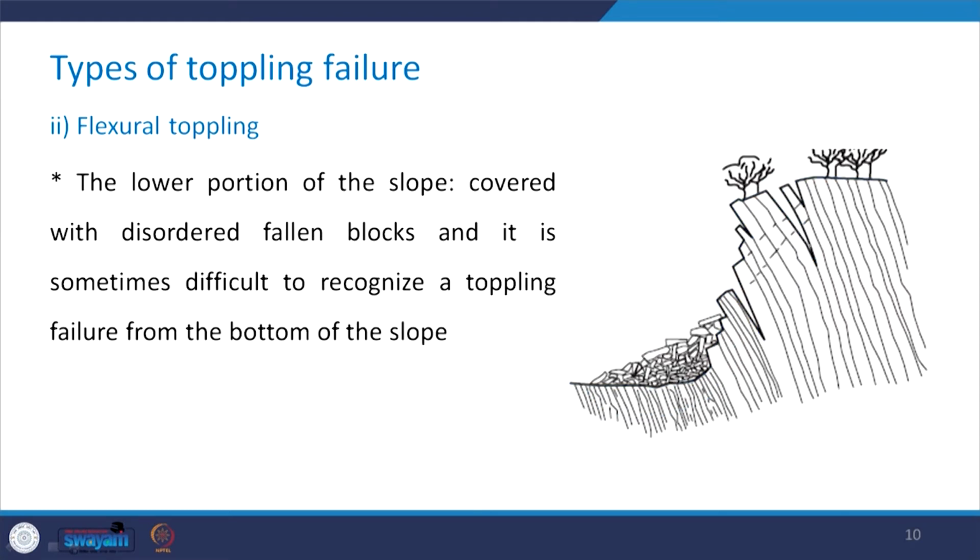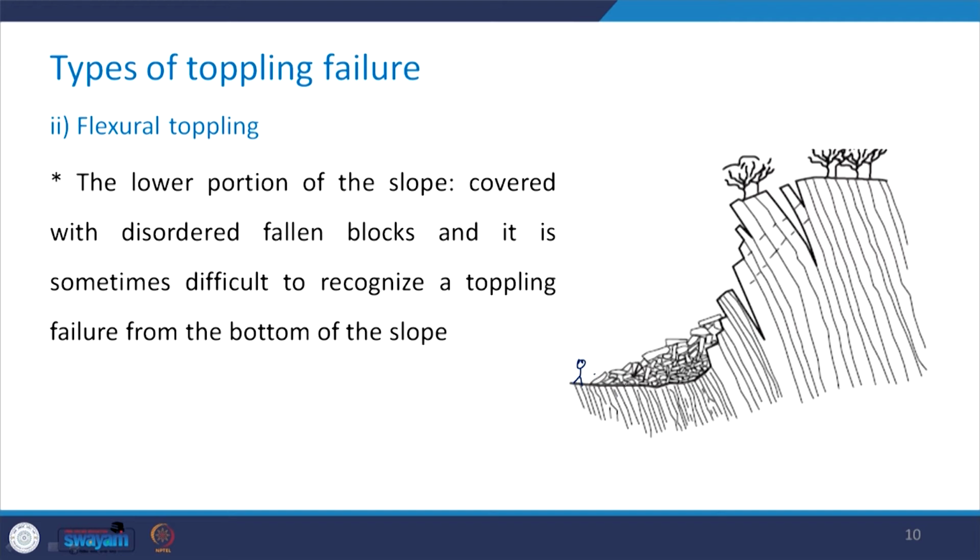The lower portion of the slope gets covered with disordered fallen blocks, and sometimes it becomes difficult to recognize a toppling failure from the bottom of the slope. Now, let us say that you stand here and you try to observe.